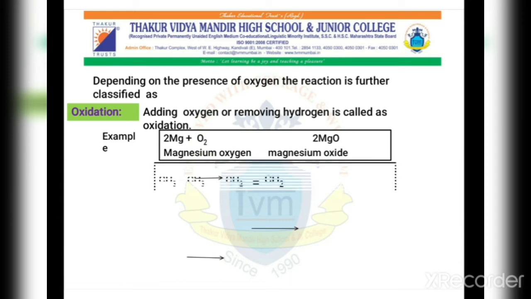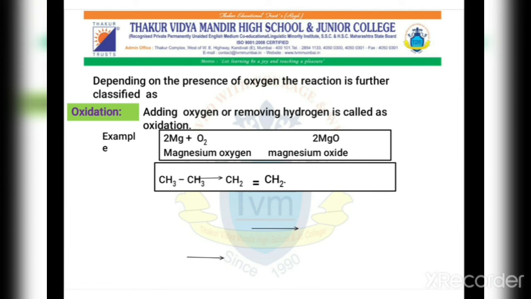Second example, ethane on heating gives you ethene. Ethane, the formula is CH3-CH3. Ethene, the formula is CH2=CH2. That is, hydrogen is removed from it. So a reaction where there is addition of oxygen or removal of hydrogen is called oxidation.